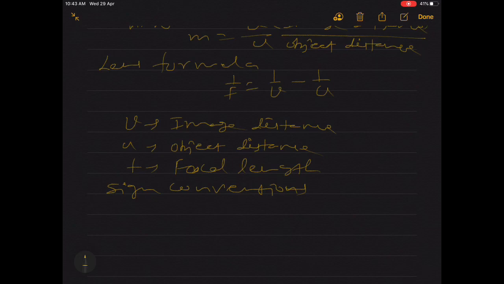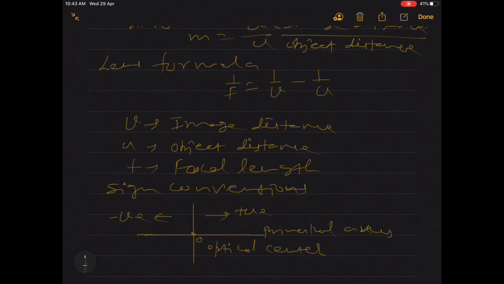Then we have sign conventions. To understand sign conventions, we just take a very simple technique to be followed. Let this be the principal axis, and this location is the optical center. All the distances to the right of the optical center are positive, to the left of the optical center are negative.